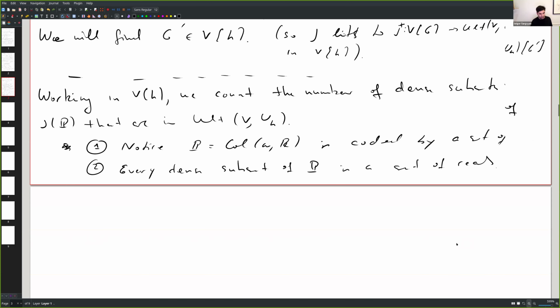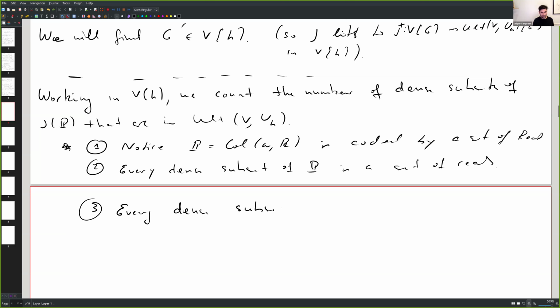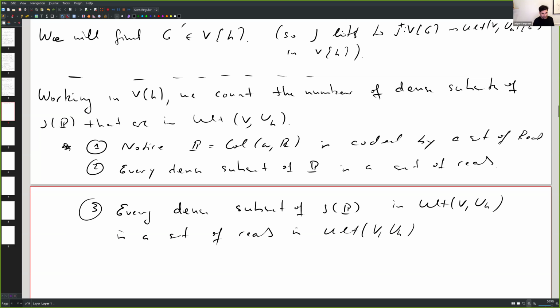Now three, every dense subset of J(P) in the ultrapower is a set of reals in the ultrapower. So we need to count how many dense subsets, how many sets of reals there are in the ultrapower.